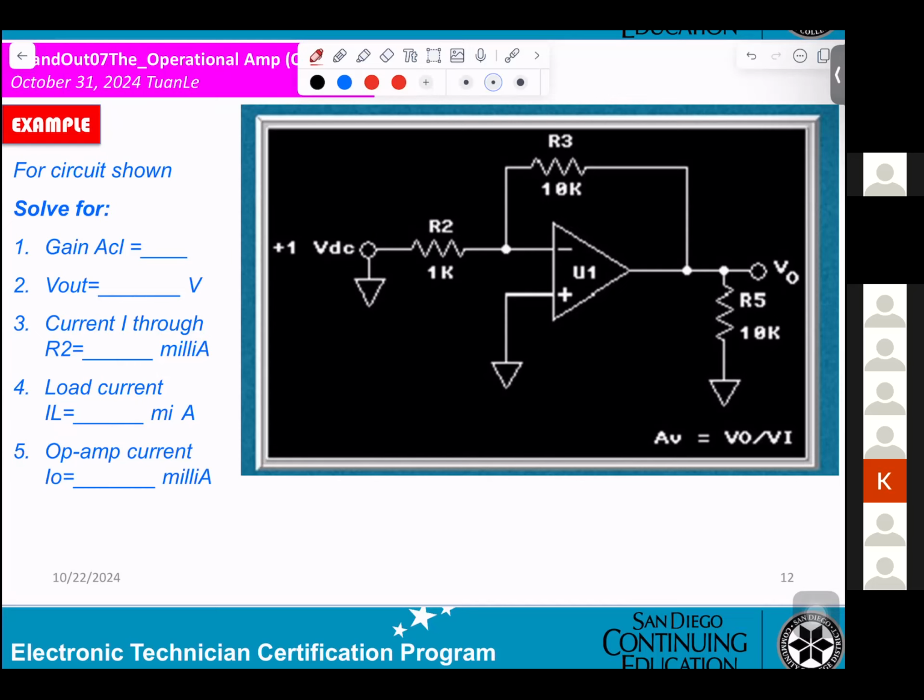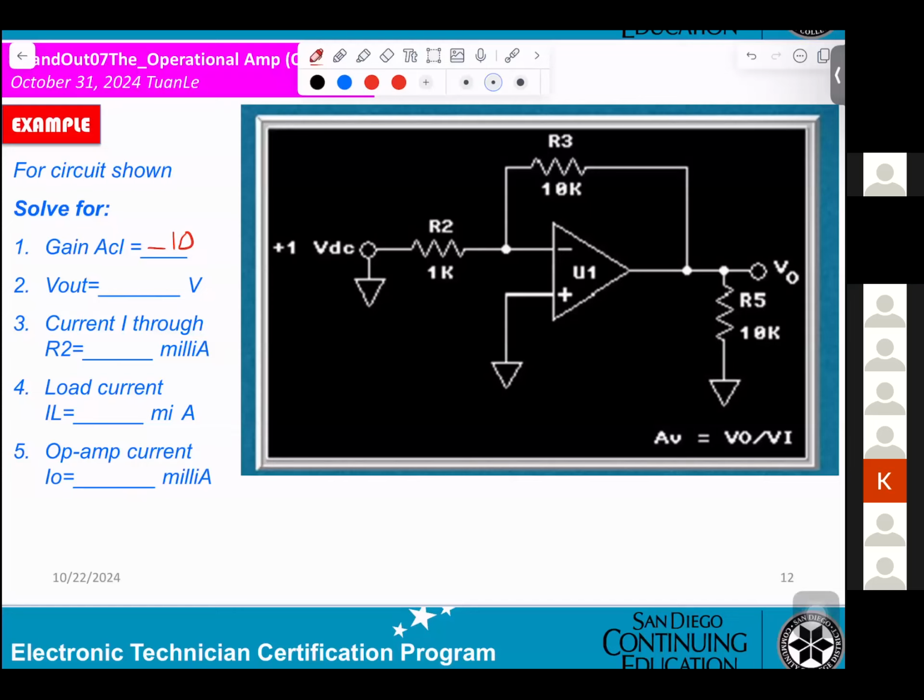Who got it? Hold on, Mr. Pham. Is the gain minus 10? Minus 10. You know the formula will be minus R3 over R2.